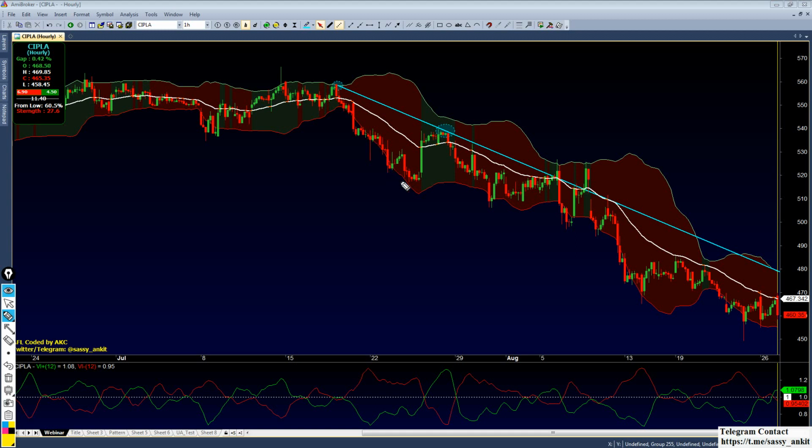So when the price comes near the band, whether it is the lower band or the upper band, it may do band walking. So you may not be in a hurry to close your trade. Okay, so do remember this concept.